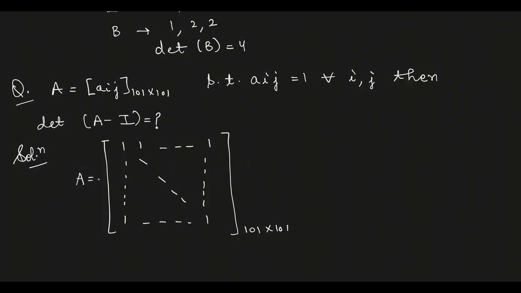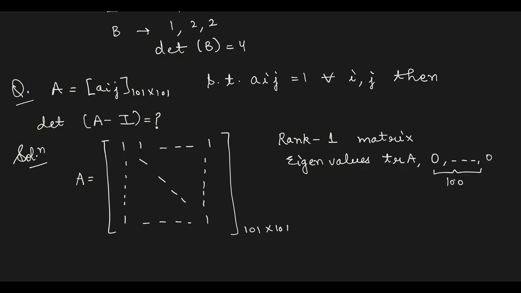Rank 1 matrix. So the eigenvalues will be the trace and the rest 0, 100 times.